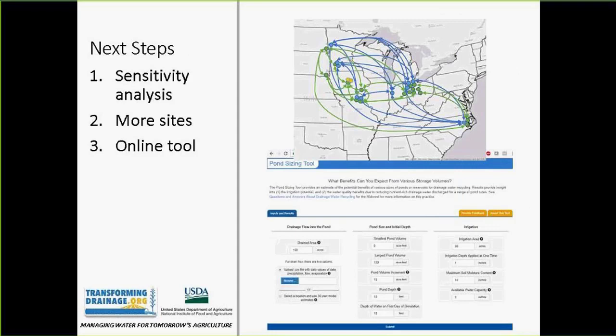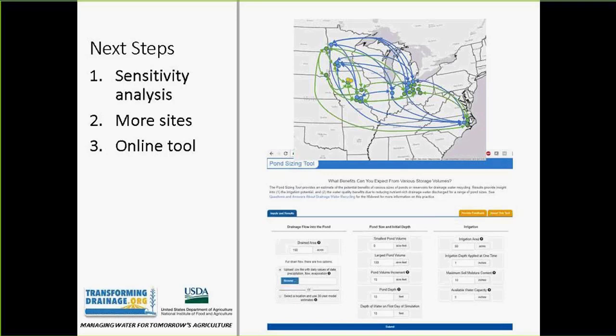So moving forward, we certainly still have to do some sensitivity analysis on this tool, this model, so to speak, just to see how big of an influence some of these input changes are going to have, right? So you think about things like capillary rise. That's a fairly rough estimate, hard to measure. What changes are those going to have?